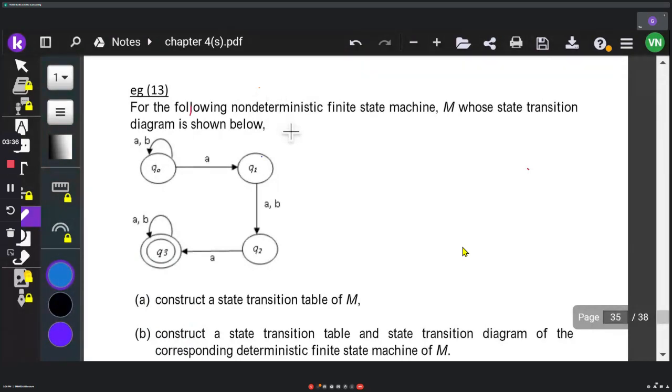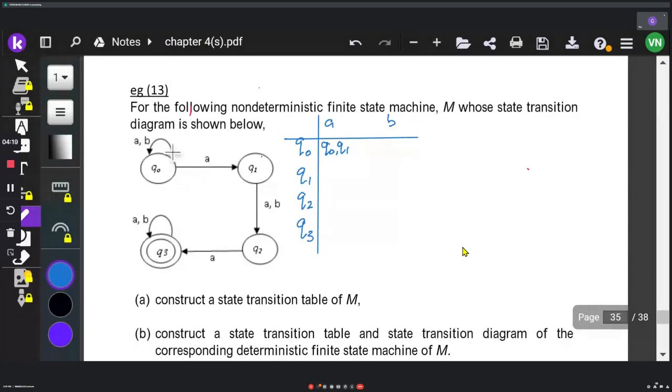First one is Q0, and the inputs are A and B. So here we have Q0, Q1, Q2, Q3. For each of them, we see what happens after input A and B. For Q0, after input A, it goes back to Q0, and also goes to Q1, right? So here you have two, Q0 and Q1.